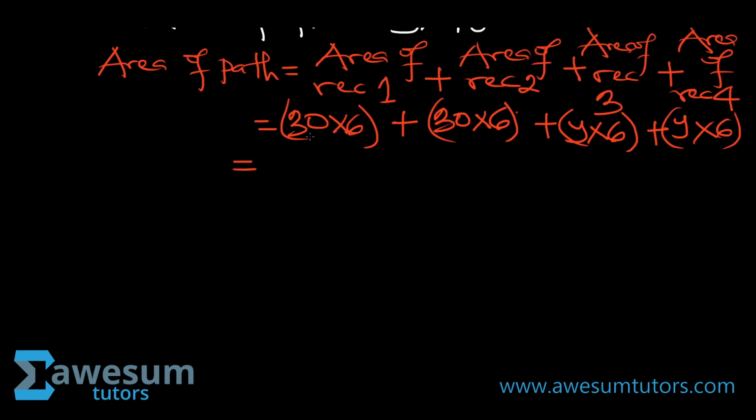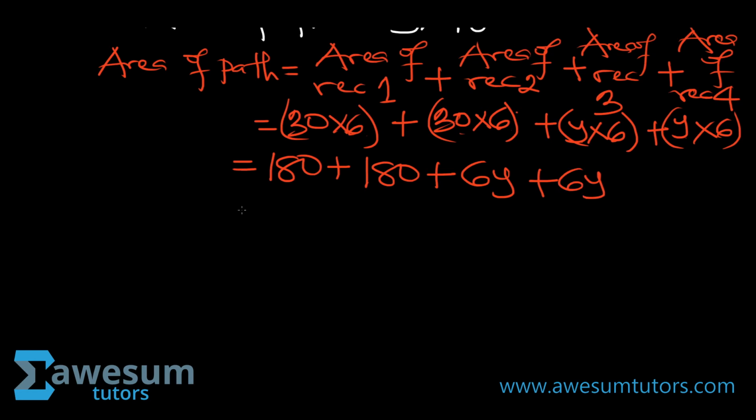Okay, 30 times 6, that is 180, plus 30 times 6 right here, another 180, plus y times 6 is 6y, plus another y times 6, it is 6y. So now I have 180 plus 180, 360, plus 6y plus 6y is 12y.